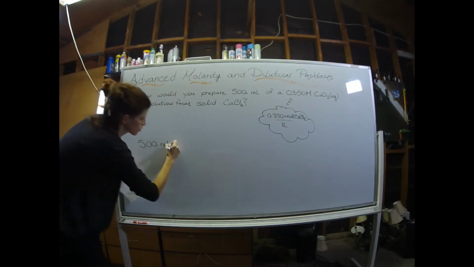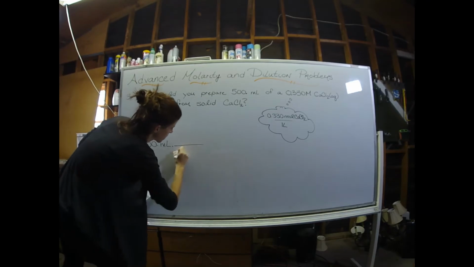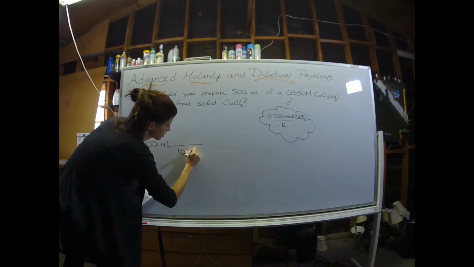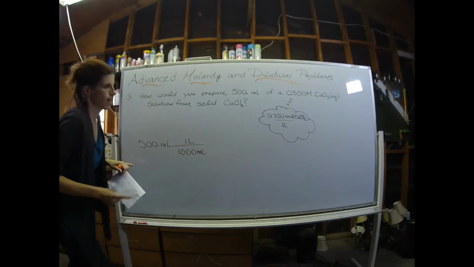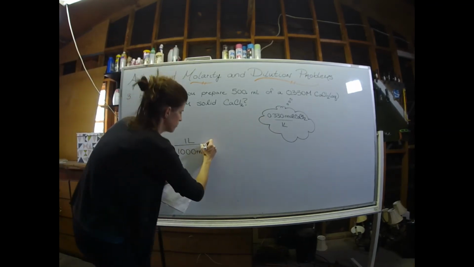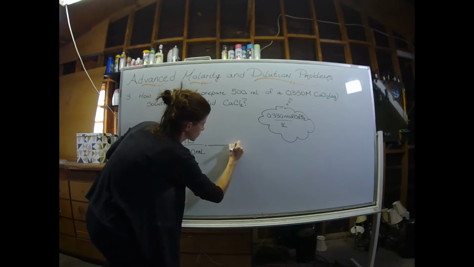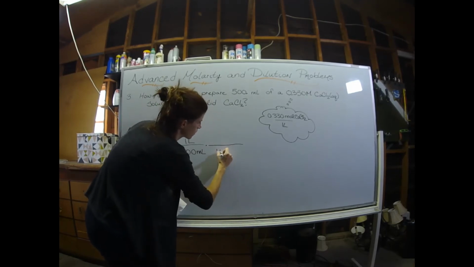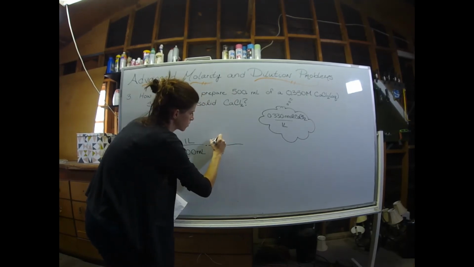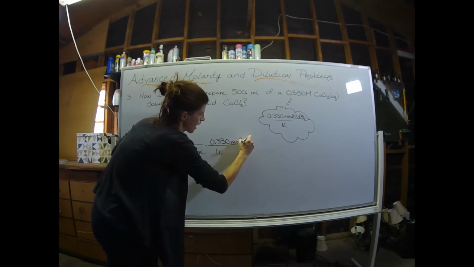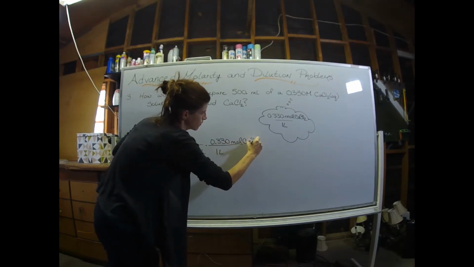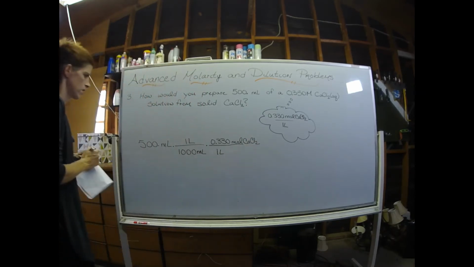I need to go to liters first, right? So 1,000 milliliters in 1 liter. After that, I can grab our conversion factor. Let's see where we're at in terms of units here.